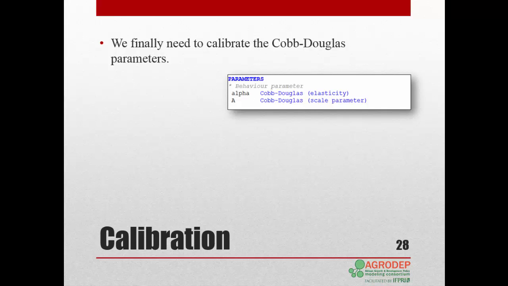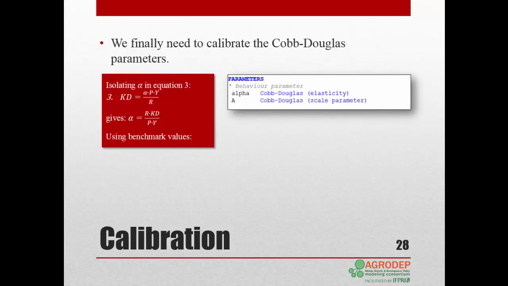We finally need to calibrate the Cobb-Douglas parameters. If we solve equation 3 for alpha, we obtain alpha equals remuneration of capital times capital demand over P times output.